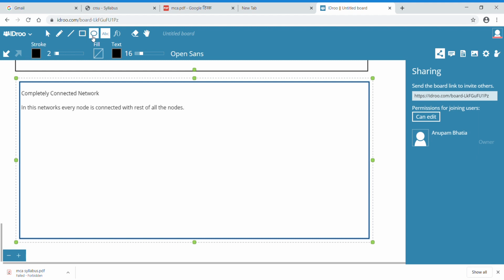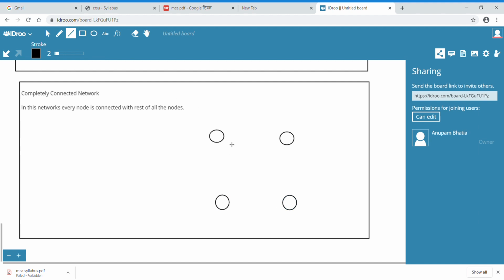If you go like this, I'm just going with a four nodes network. See this line.